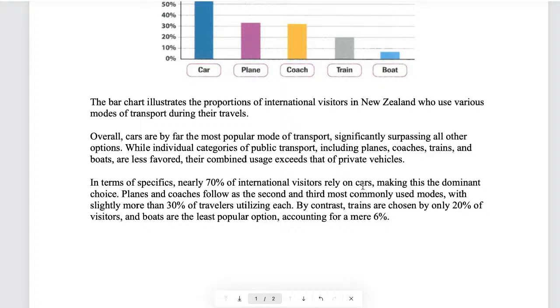Their combined usage exists. Exists. I can tell you the meaning of exists is higher than. How do you write exists? E-X-I-S-T-S.